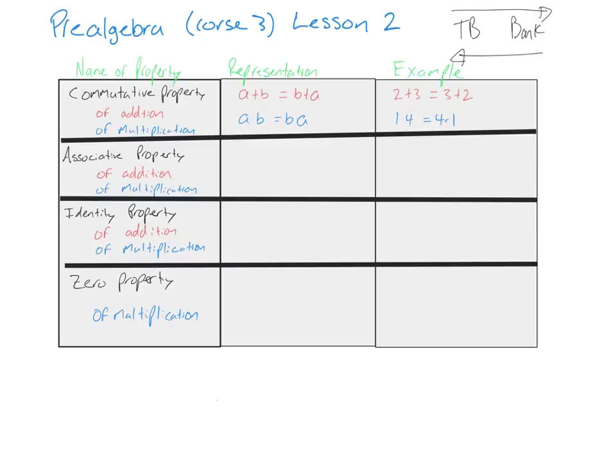Next up, we have the associative property. If you think about the word associate, that's who you hang out with. Are you going to hang out with this group of people, or with that group of people? The associative property of addition is who it's hanging out with.